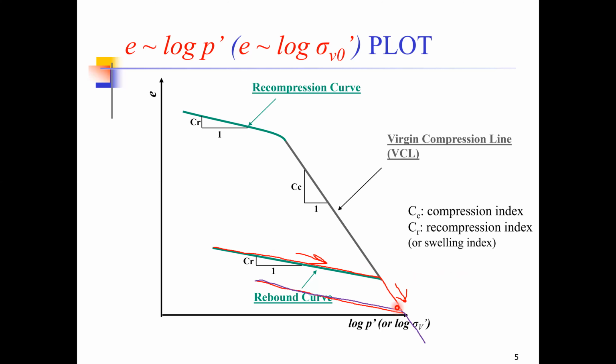Why does the slope change? Now the reason is that this point is the one, if you notice, up to which the maximum load has been applied on the soil in the past. Let me move to the next slide and try to explain this to you.